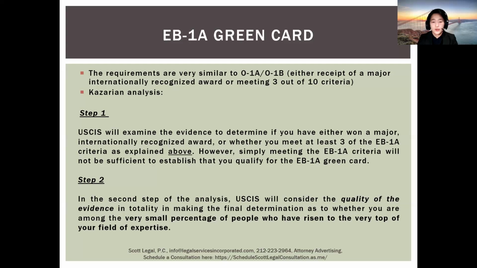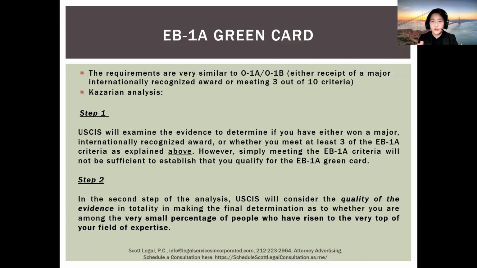All right, so the final extraordinary ability category we'll be looking at is the EB-1A green card. So as I mentioned before in the previous slides, the EB-1A green card is applicable for all fields. So all fields, including the sciences, the arts, education, business, or athletics.